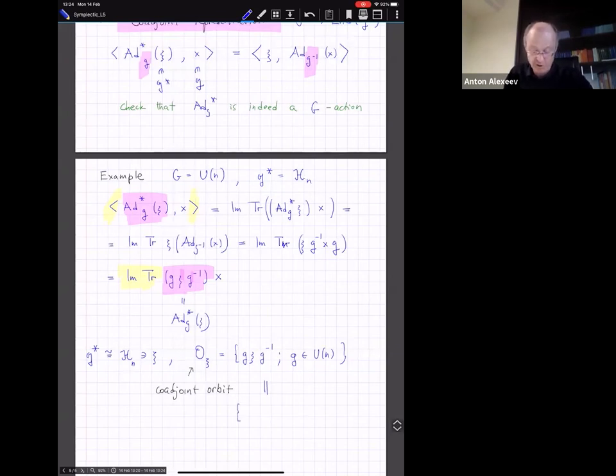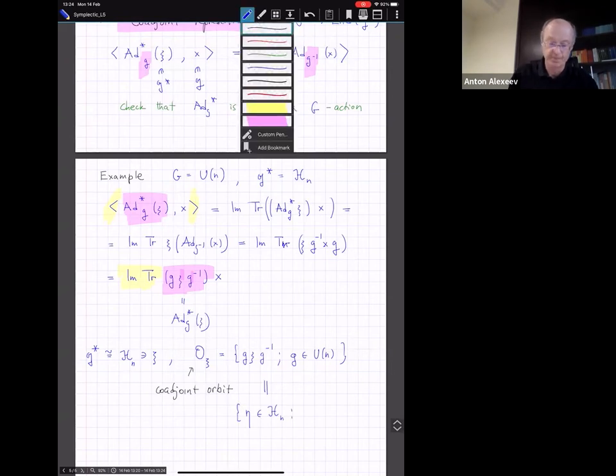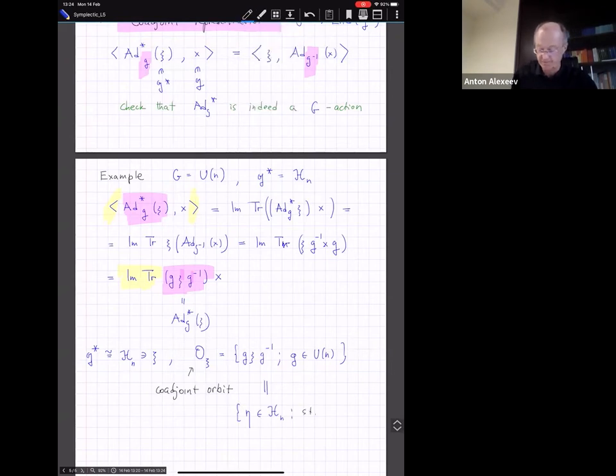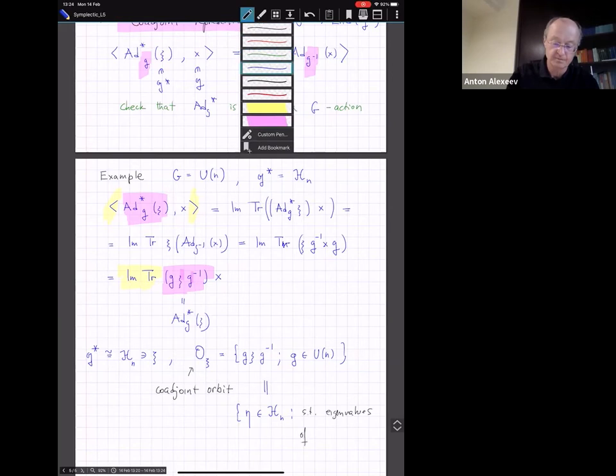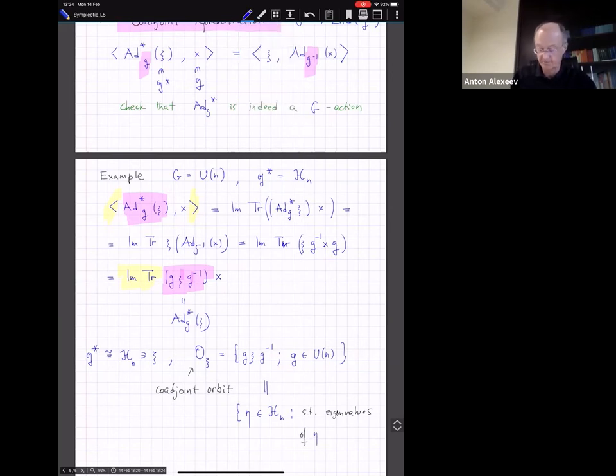So these are actually elements, or maybe let me choose another Greek letter, eta, in Hn such that the eigenvalues of eta are equal to some ordered set.